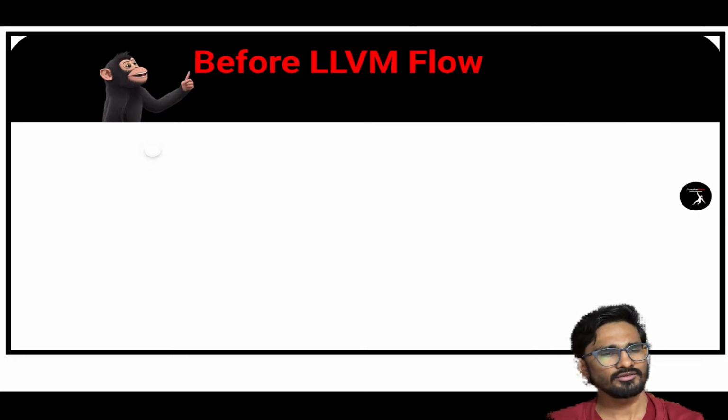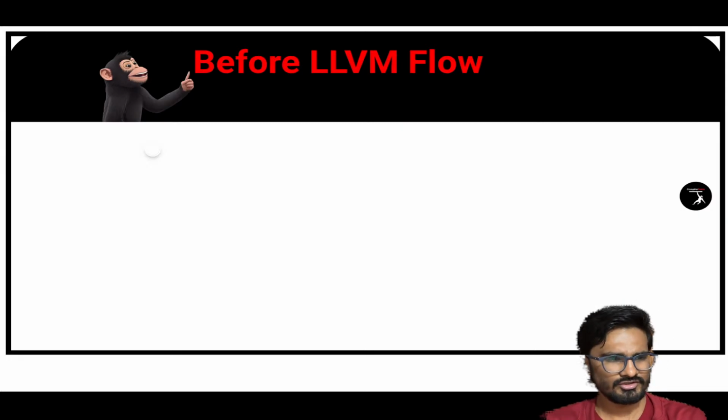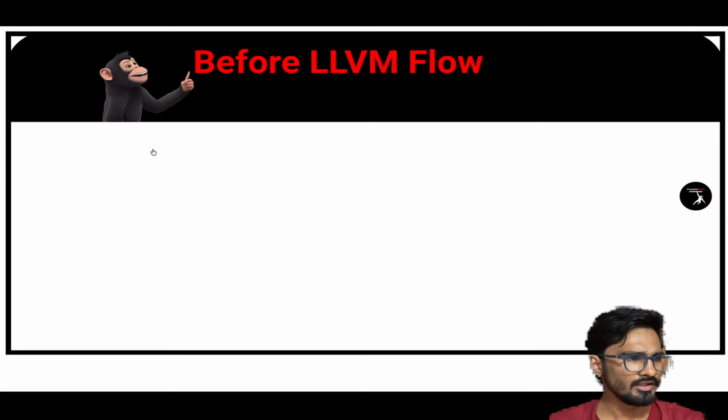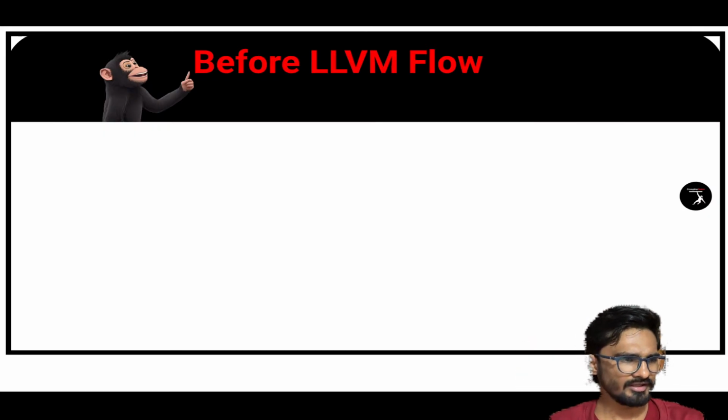From 2006 onwards, LLVM was a well-known player in the market. So the first step was taken by Clang; Apple created Clang to use LLVM as their framework. I will create one more video on that history if you are interested, which will be beneficial not in the technical context but for understanding why the framework exists and why it came. So before LLVM, how was the flow? Let's see.